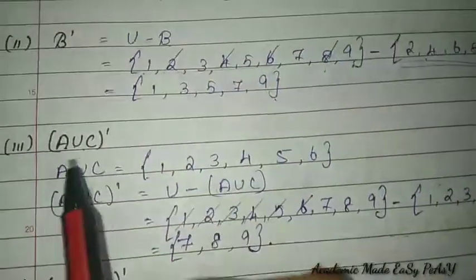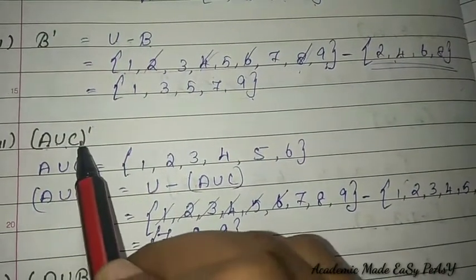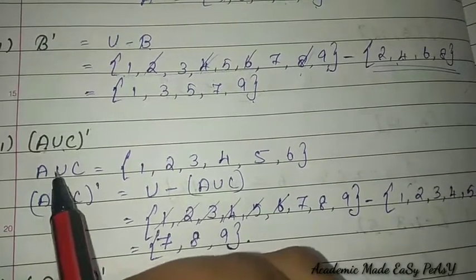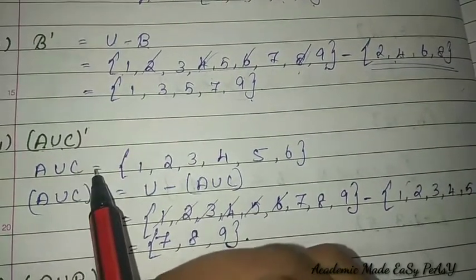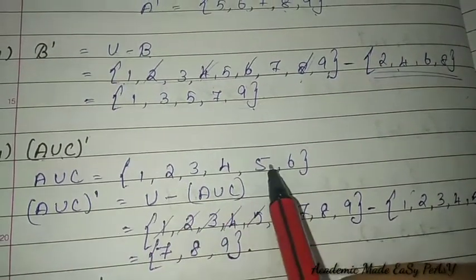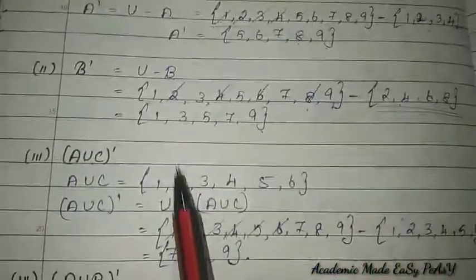Next, third subdivision, A union C the whole dash. We can't directly do it, so first I found A union C. A union C is 1, 2, 3, 4, 5, 6. When you see here, it will be clear. 1, 2, 3, 4 I have written as it is.